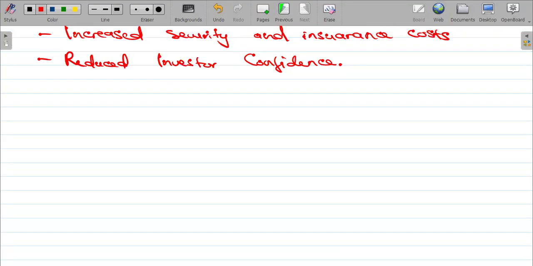Let's talk about the challenges of these economic problems for the business. Right. So you can find that the business has to invest in security, which is costly.